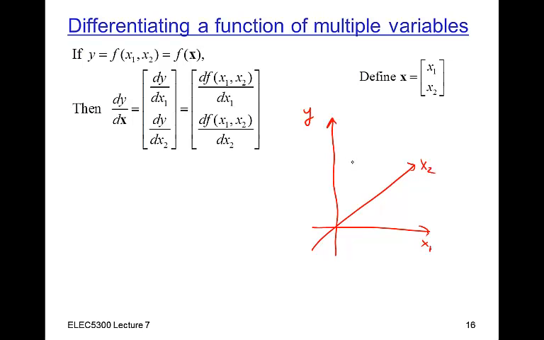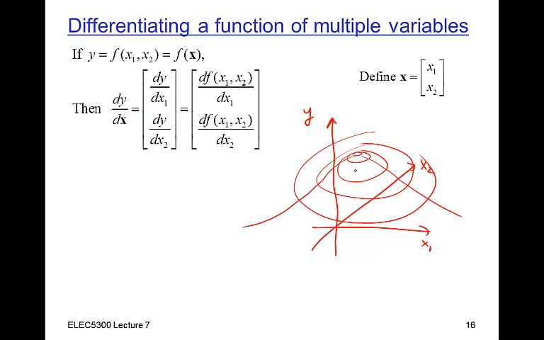We might have something like a hill that starts out at a peak value and then comes down in different directions. So this is the function y of x1 and x2. At every point you have a height.